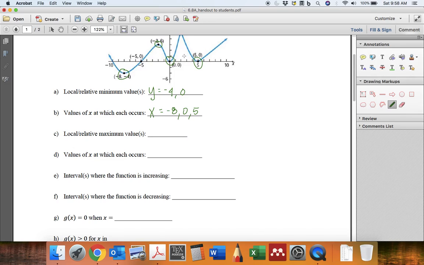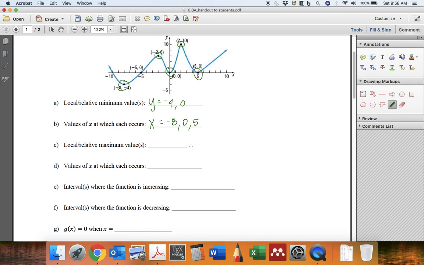This ordered pair here, as well as this ordered pair here, those are relative maximum values. And so what I want you to notice is that the local minimums and the local maximums have to involve a change from increasing to decreasing or vice versa. So the local relative maximum values are y equals 6 and 10.